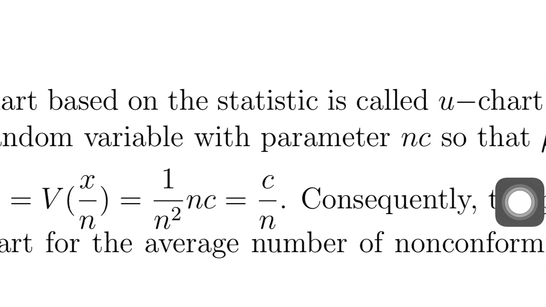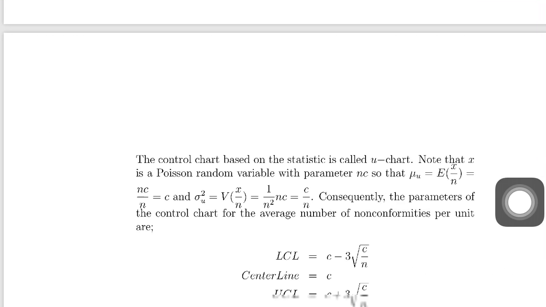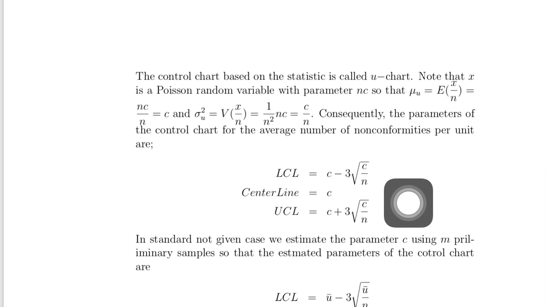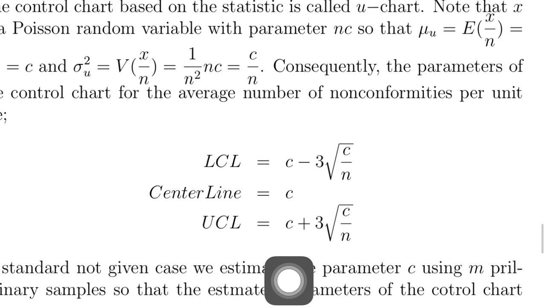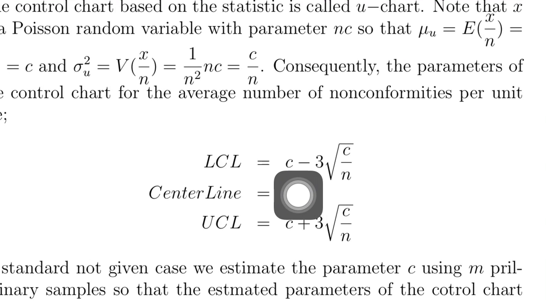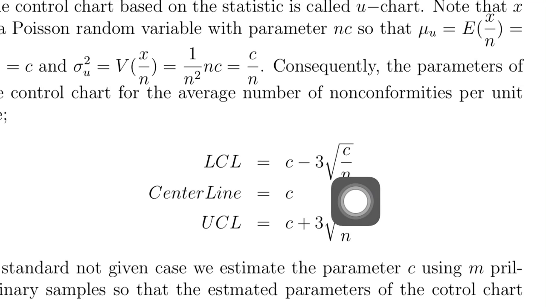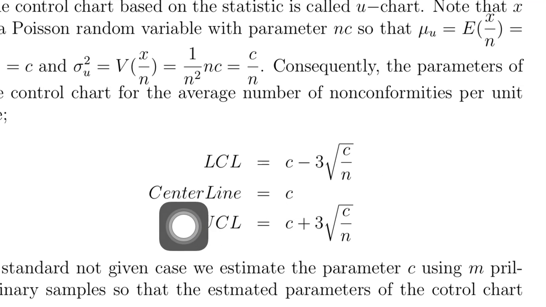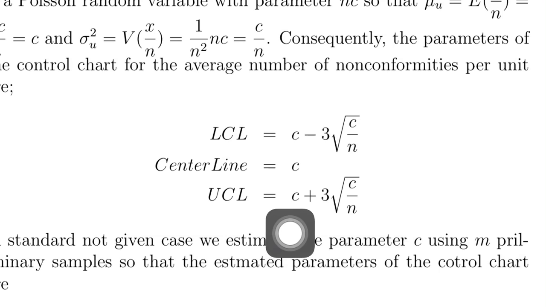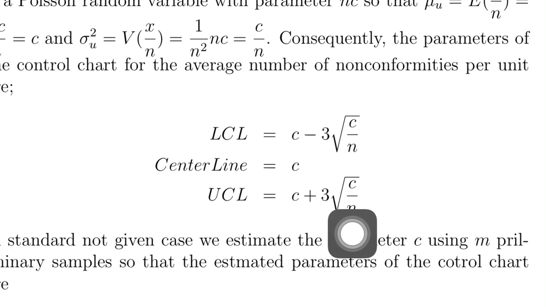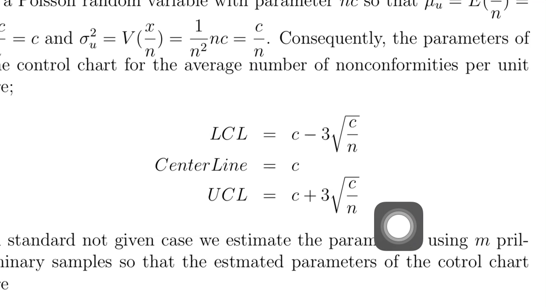So you can construct the lower control limit, center line and upper control limit like this. So LCL is equal to C, that is mu u, minus 3 times standard deviation of u. So that is C minus 3 into root of C by n. Center line is equal to C, that is mu u, and the upper control limit is equal to mu u plus 3 times sigma u, which is equal to C plus 3 into root of C by n.